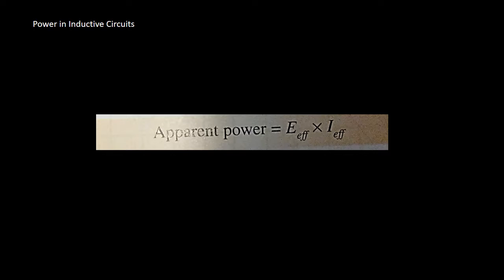This power is called apparent power. It is equal to the product of the effective voltage and the effective current. Apparent power is measured in VA, or volt amperes, as shown in the equation on your screen.